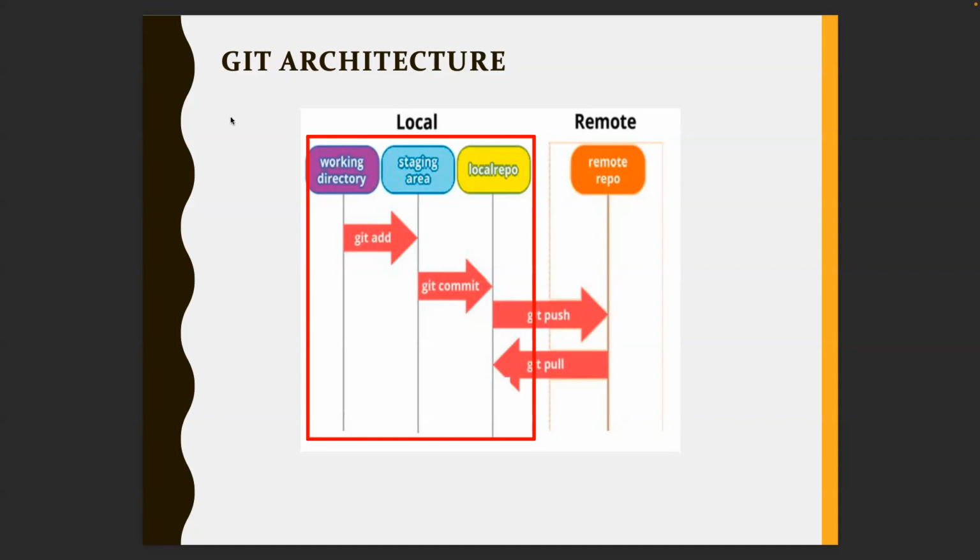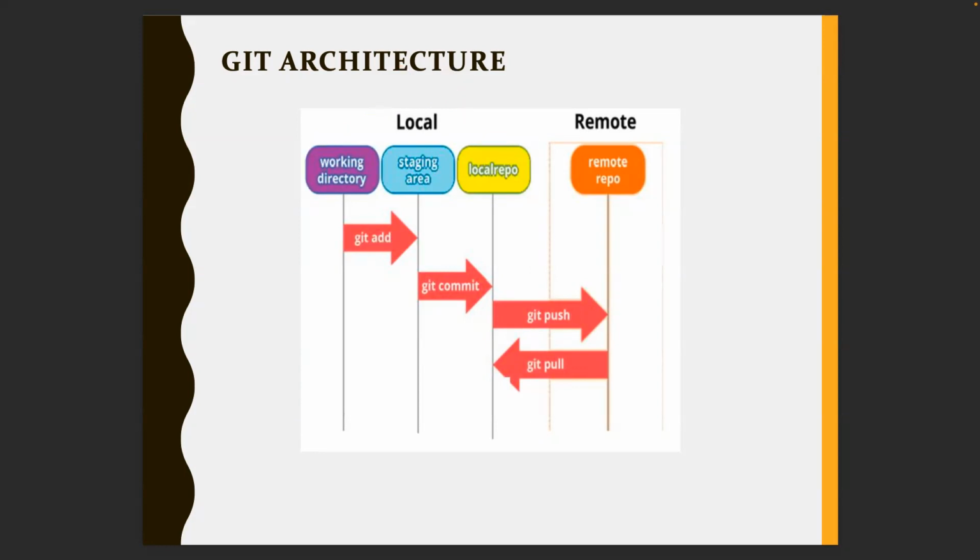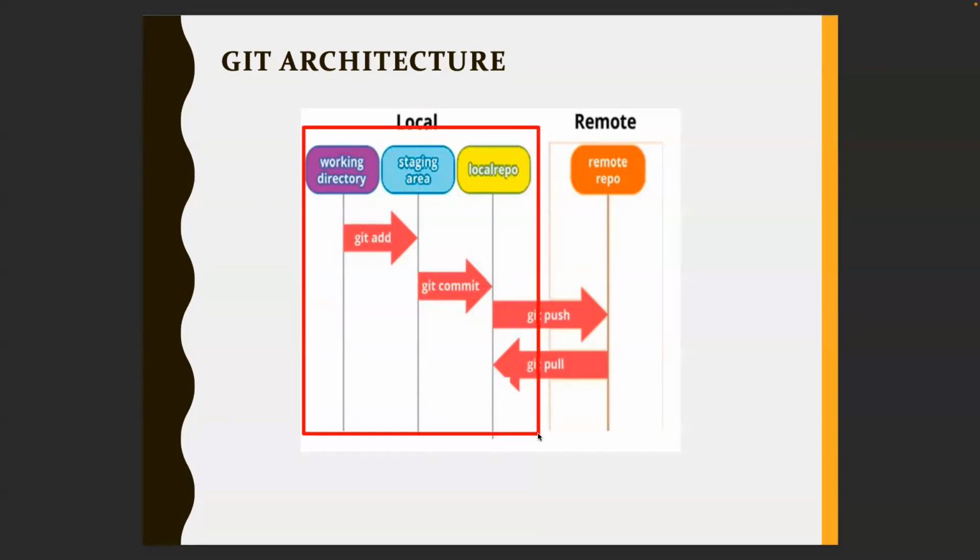From the working directory, you can't push this way. It's not that from the working directory you push to your local. No, this is not possible. From the working directory, you have to push your changes to the staging area. What is the staging area? The staging area is nothing but a virtual layer. It is also called the index area.